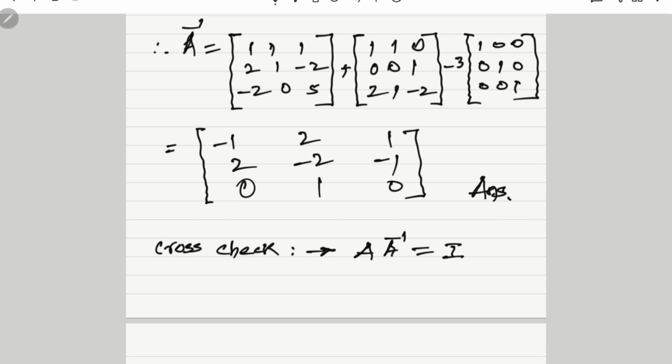Means if we multiply this A inverse by that matrix A, and if we get identity matrix, then whatever the matrix obtained is the correct one. And if you are not able to get the identity matrix, means answer is the wrong one.